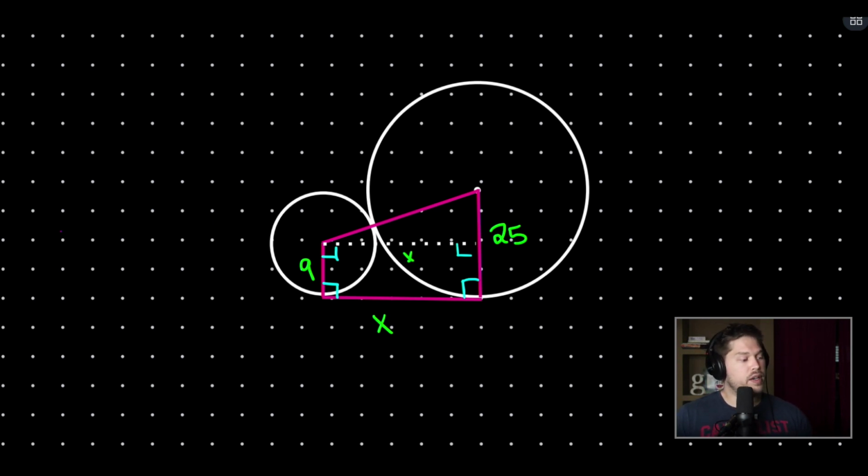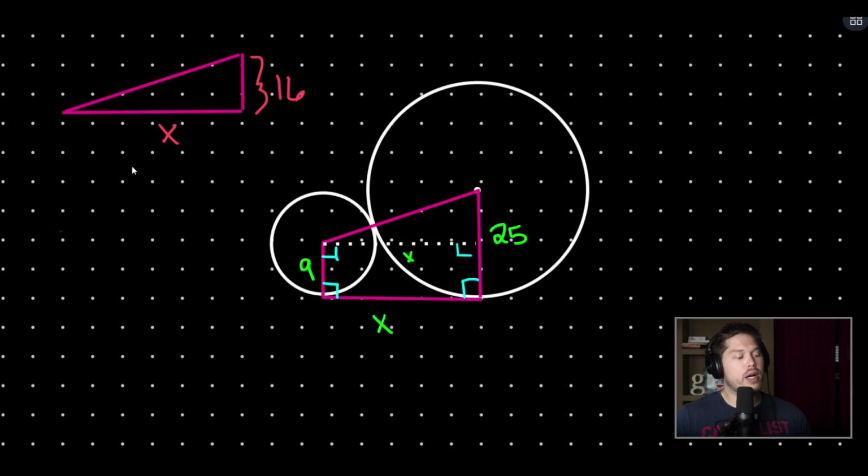So let's zoom in on our right triangle and recreate it. Okay, so we have some value of x. What's this length? Well, this length here is going to be 25 minus 9, which is 16.